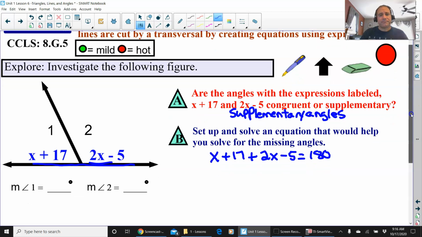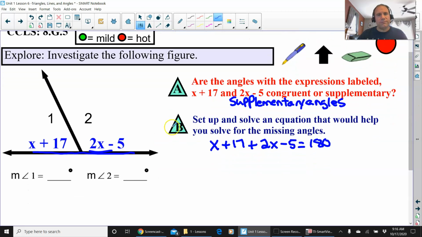So once you have your equation down, and I'm going to go quickly here, I am going to box out my like terms. Hopefully you did this already. So 2x plus x equals 3x, and then 17 minus 5 is 12.